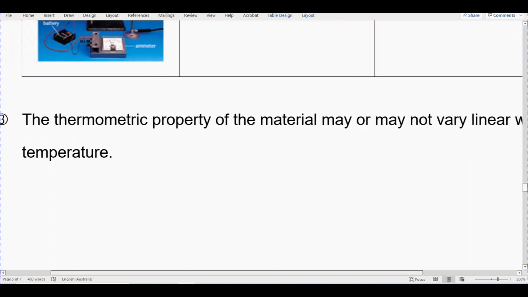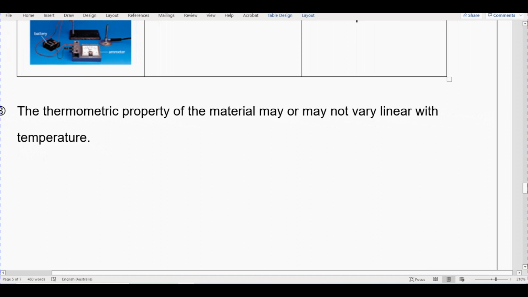Okay, and the thermometric property is always important, of course, but it's not always true that it will vary linearly with temperature.